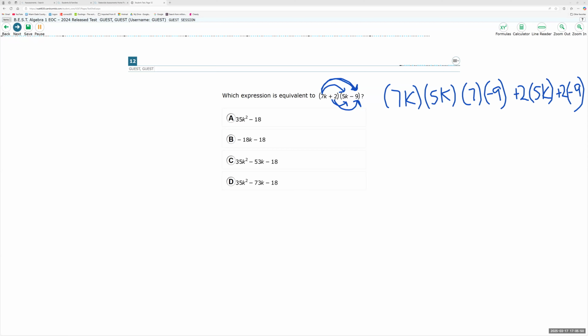All right, so this will give me 35k to the second power, because 7 times 5 is 35. Minus, because there's a negative, 9 times 7 is 63k.